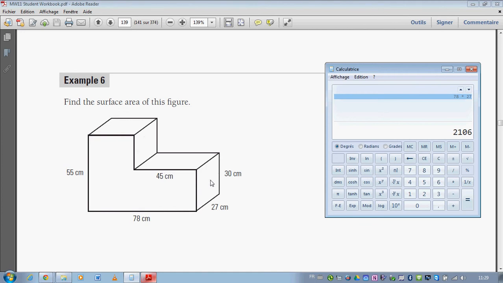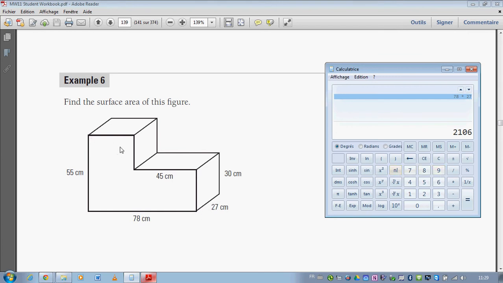If I take a look at this from this side over here, you'd notice that this side looks like it's right beside this side as well. So you'd get a big gigantic rectangle with this side and this side. I know their combined heights is 55 centimeters, and they both have the same width, which is 27 centimeters.